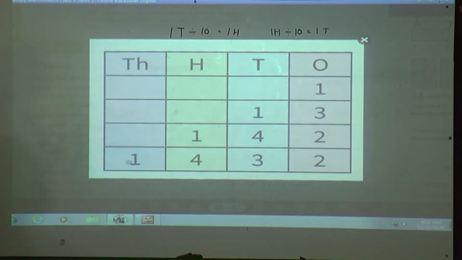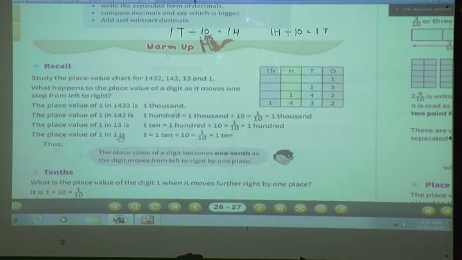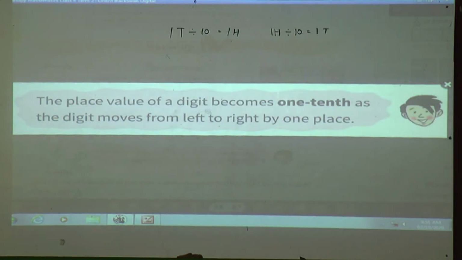Now what is the place value of 1 in ones? Only 1. So 1 ten divided by 10 means 1 upon 10 multiplied by 10, as they have given here. Thus, what they want to tell you is that the place value of the digit becomes 1/10 as the digit moves from left to right by 1 place.